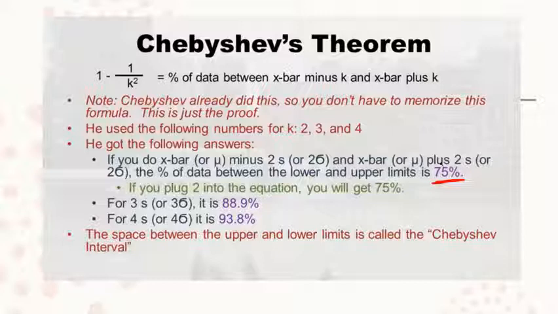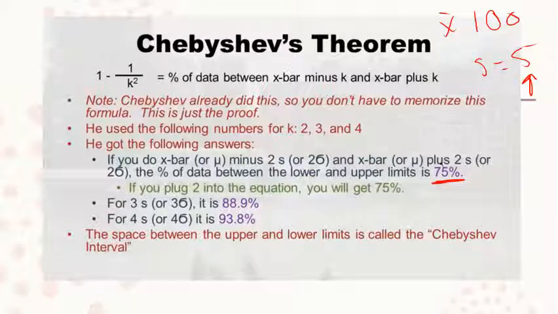And remember in the previous example, our mean was 100, and our standard deviation was 5, I believe. So we said if we were going to use 2, that would mean we're going to use 2 of these 5s, which is 10, of course.